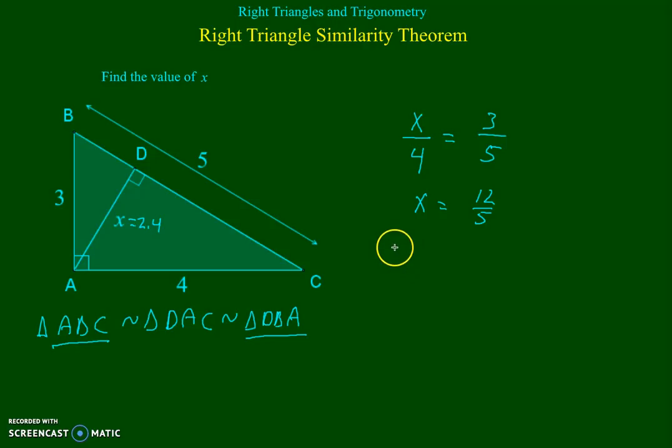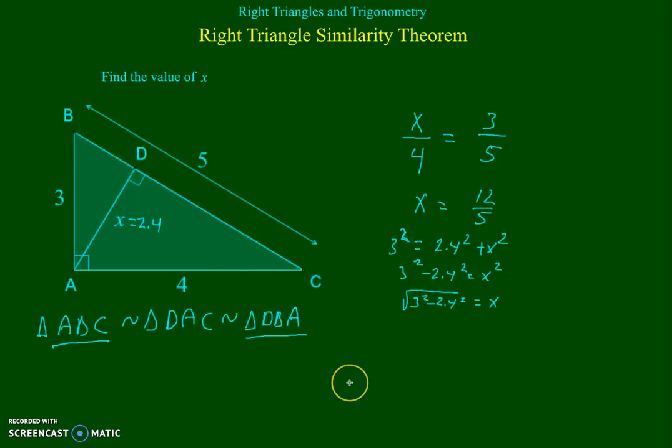So we know that 3 squared equals 2.4 squared plus x squared. 3 squared minus 2.4 squared equals x squared. And so the square root of 3 squared minus 2.4 squared equals x, which is this side. That's what we're looking for, BD here.